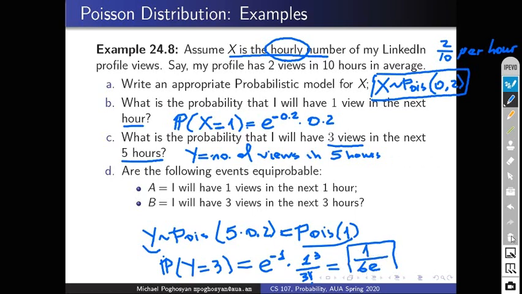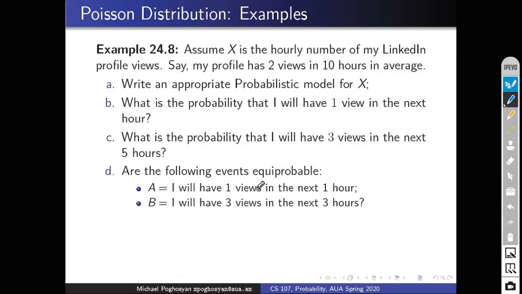Now, a very interesting problem, the continuation of this problem, is the following. Intuition can be wrong. Just try to answer without looking at the solution of this problem. So are the following events equiprobable? The first event is that I will have 1 view in the next 1 hour.